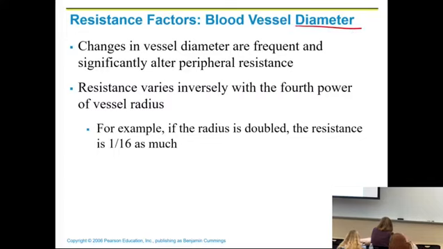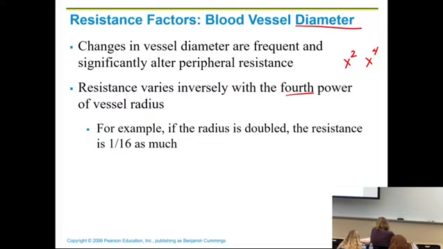In fact, changes in radius or diameter of a blood vessel is to the fourth power, right? So if you have x squared, it's like x times x. This is x to the fourth, like that, right? So it's not 4x, not 4 times x, it's x times x times x times x. So any change that we make in the diameter affects resistance to the 4th power.